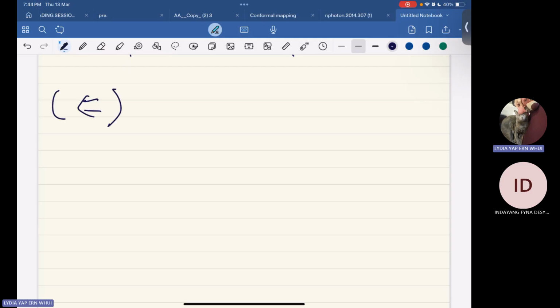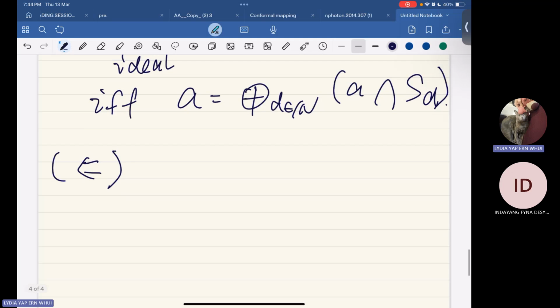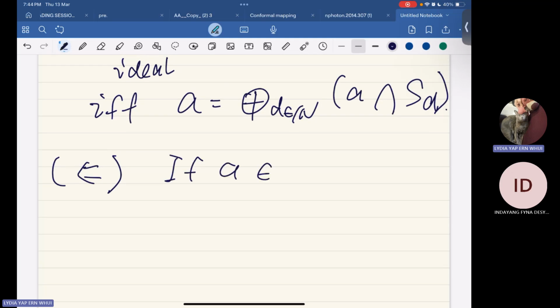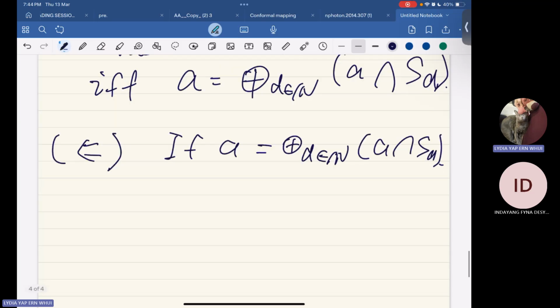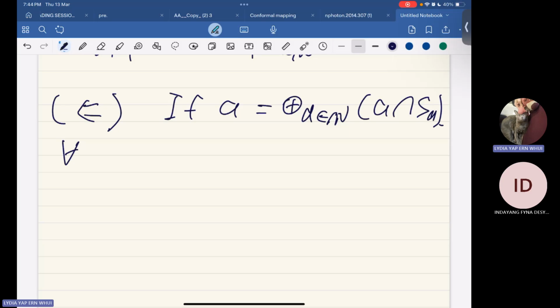I think this direction is quite obvious. If A is equal to this direct sum, then for all u in A, by the definition of the graded ring, since u is an element in this ring, we can write u as a sum of u_i.